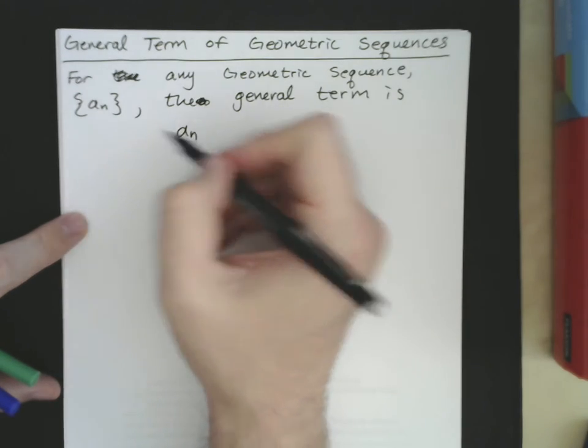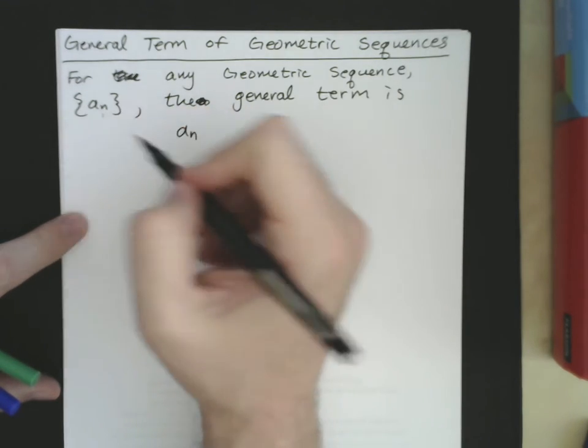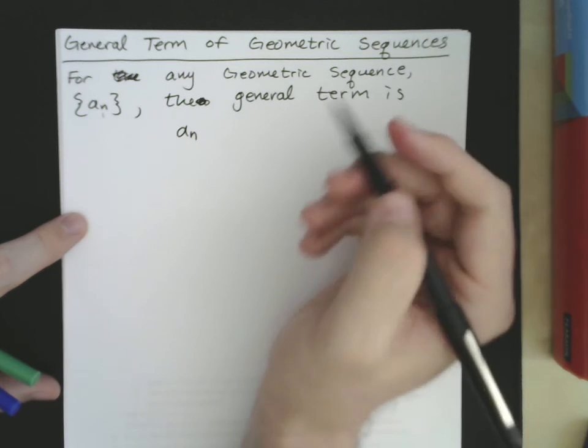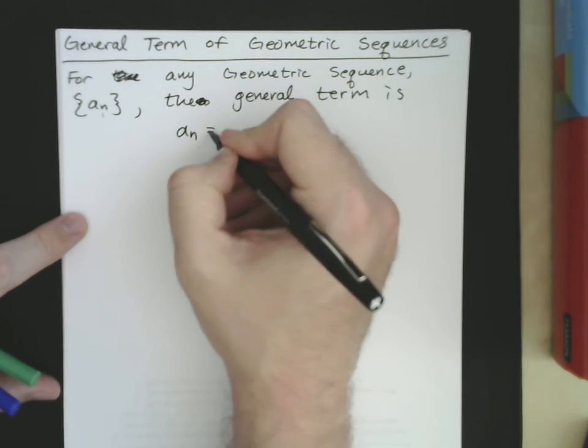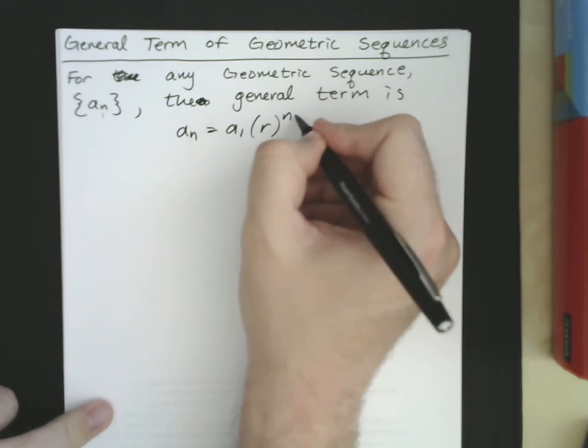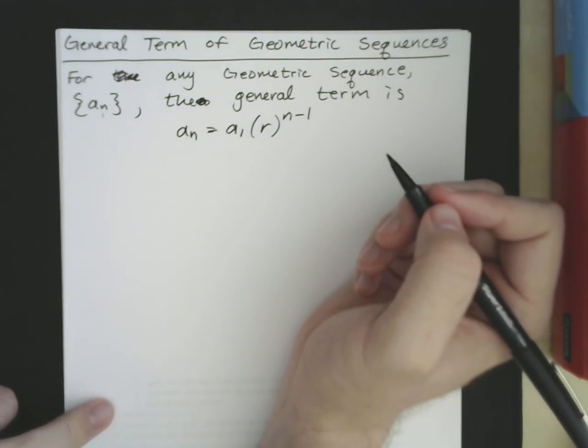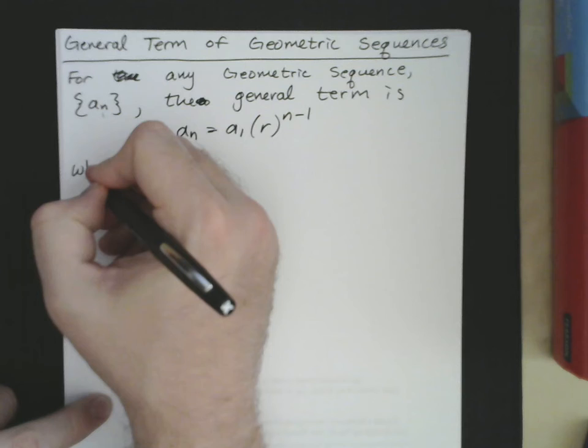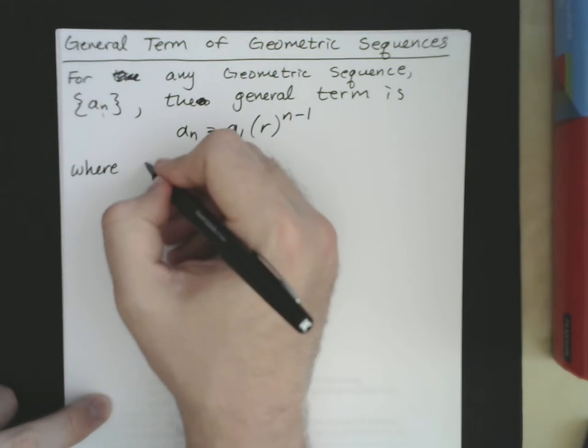Just to reiterate, with curly braces you're talking about the whole sequence, without it you're just talking about the term. And this is a sub 1 times r to the n minus 1, where r is the common ratio.